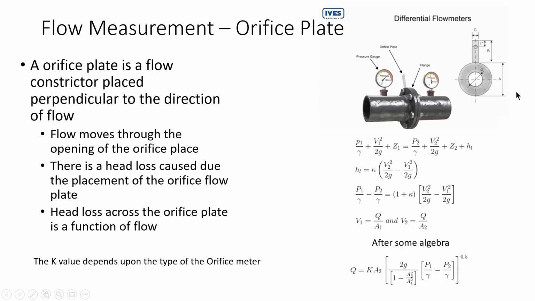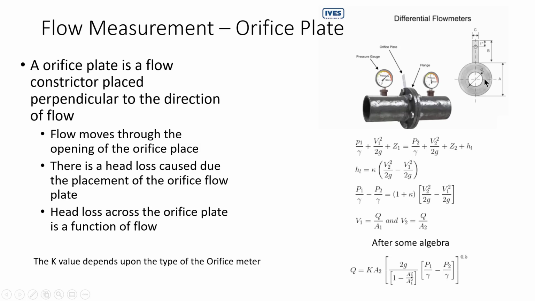And essentially an orifice plate is a plate with an opening, and clearly the cross-sectional area in the plate is much smaller compared to the cross-sectional area in the pipe, and as the water flows through the opening of the orifice plate, there is some head loss because some of the flow lines that are hitting this plate have to essentially curve and make their way into that smaller cross-sectional area.